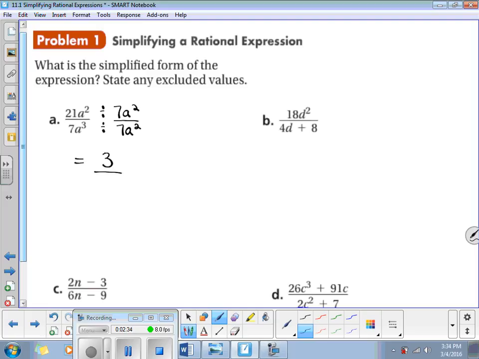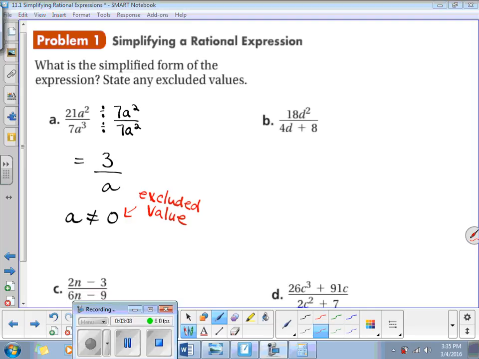In the denominator, 7a cubed divided by 7a squared is just a. So my answer is 3 over a. What can a not be equal to? 0. So a cannot be equal to 0. That is my excluded value.